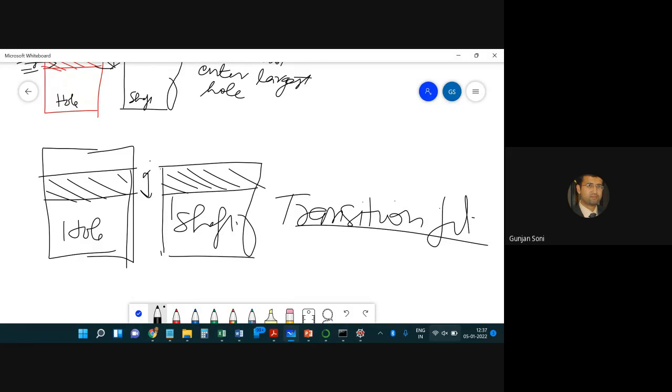Okay, so this is the smallest shaft. So then you get a clearance fit. And the diameter of the smallest hole, that is this one, is smaller than the diameter of the largest shaft. So this is your largest shaft. So then you get the interference fit. Okay, so here we get this overlap.